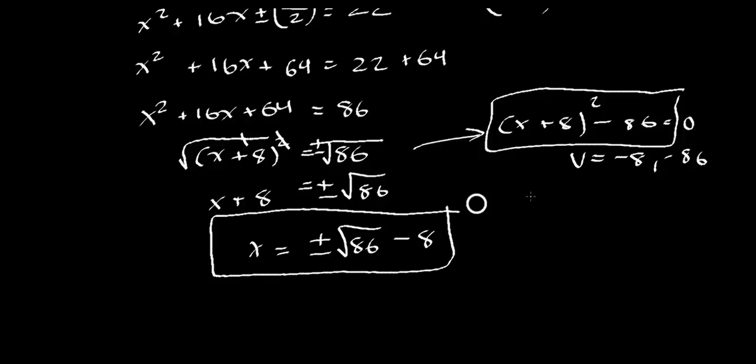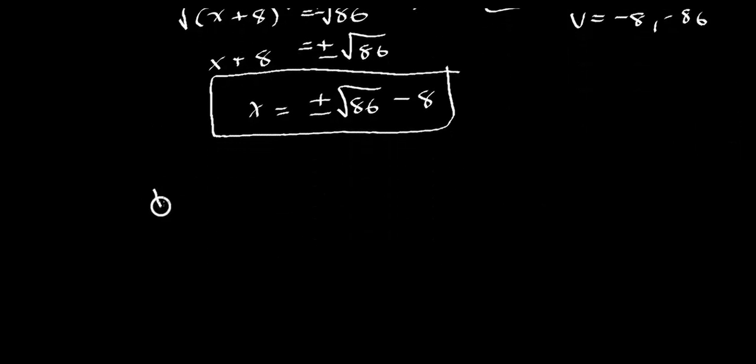But if you actually want the x-intercepts, we can solve for them. The square root of 86, the approximate value I rounded off, is 9.27, something like that, and it goes on.